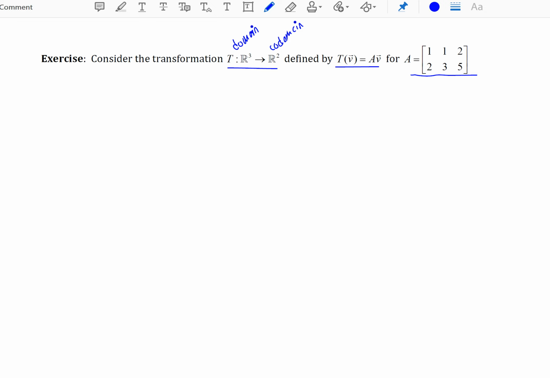Now, one way to visualize this is to consider what T of a typical element in your domain looks like. And since we're starting in R3, we would start with an ordered triple (x, y, z). And T maps this ordered triple into your codomain R2 by multiplying by this matrix.